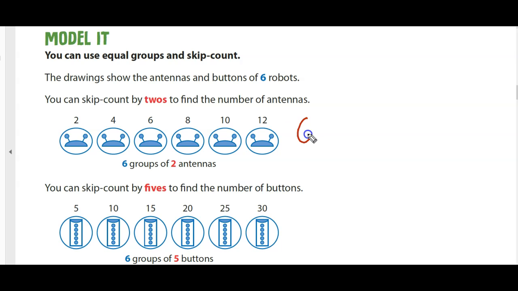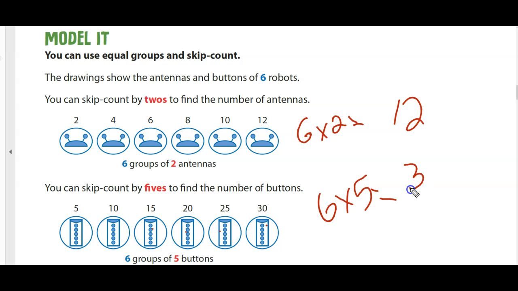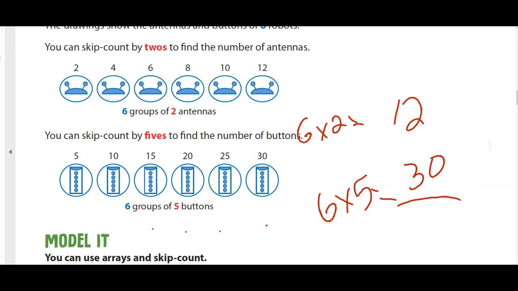Or they went 6 times 2. And then they skip counted by 5s. 5, 10, 15, 20, 25, 30. Or 6 groups of 5. 6 times 2 is 12. 6 times 5 is? 30. And then they just added both of them together. Look.